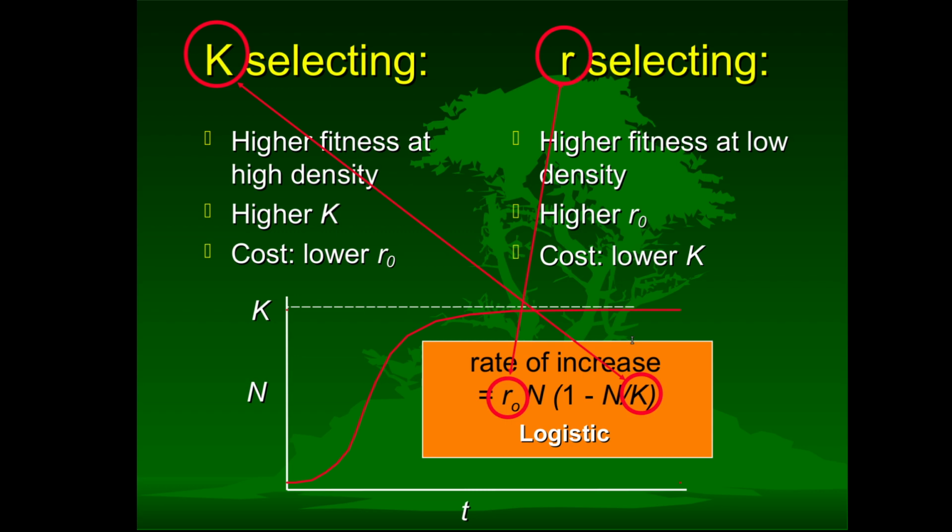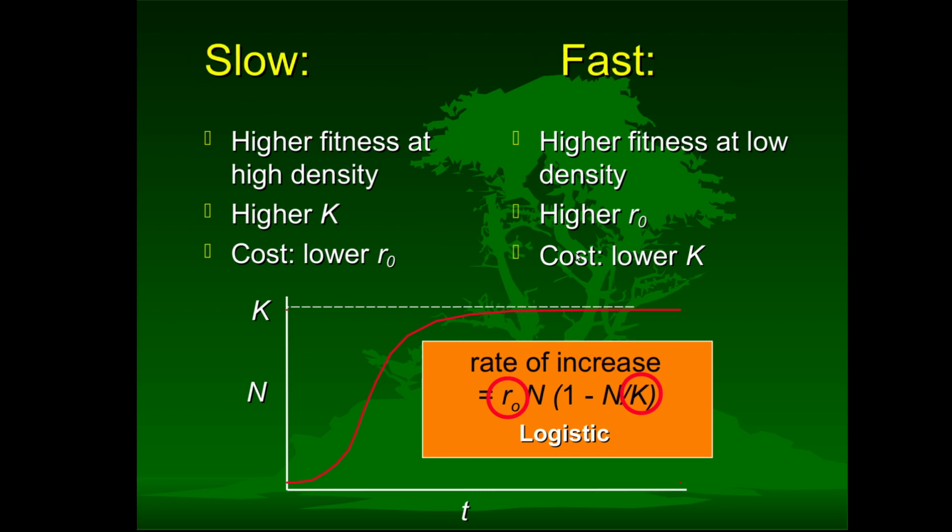And this is also a slow-fast continuum. R-selected species should also benefit by reducing their generation time. This makes it more likely that you will reproduce before some density-independent factor wipes out your population.